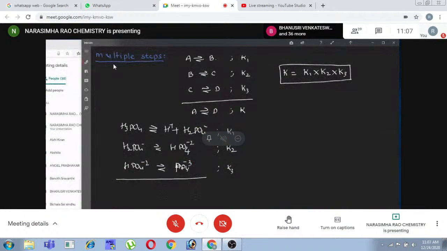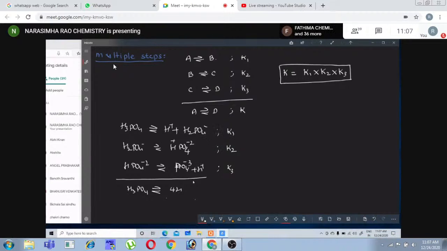Right, children. So for the total equation, H3PO4 is in equilibrium with 3H plus and PO4 3 minus. Sorry, I made a mistake. For this reaction it is K. How are they interrelated?